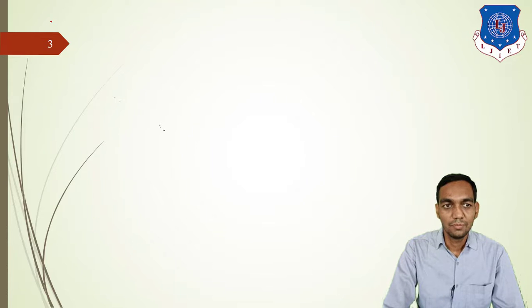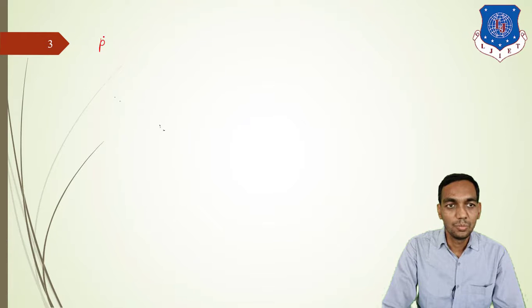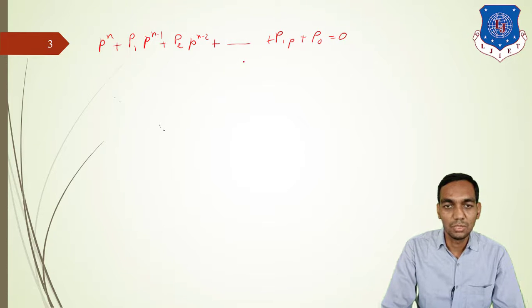Suppose you have a polynomial p raised to n plus capital P1 into small p raised to n minus 1 plus capital P2 into small p raised to n minus 2 and so on, plus capital P of n minus 1 into p plus capital P of n is equal to 0.